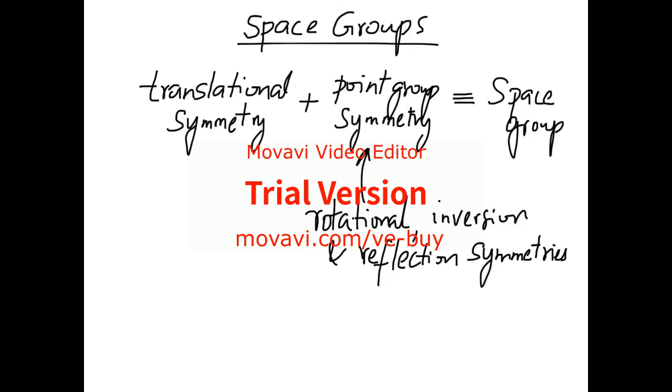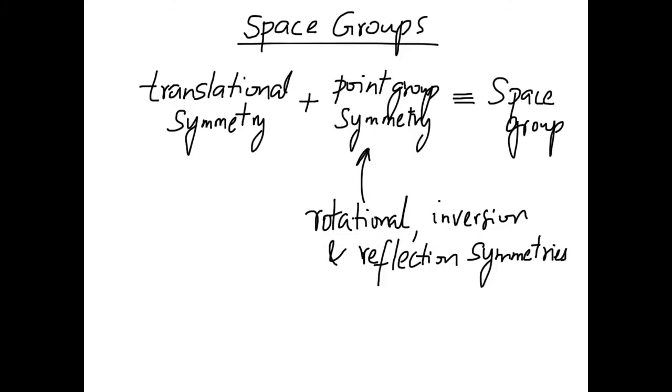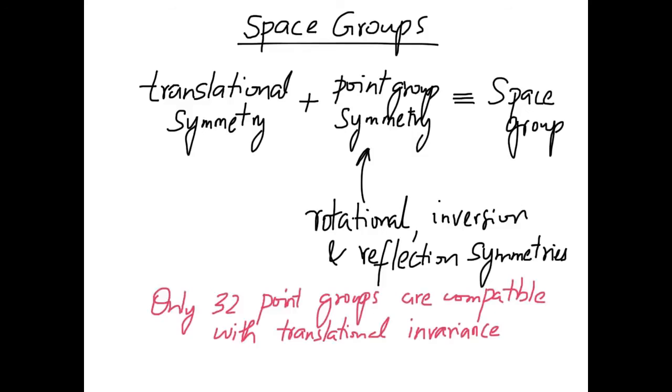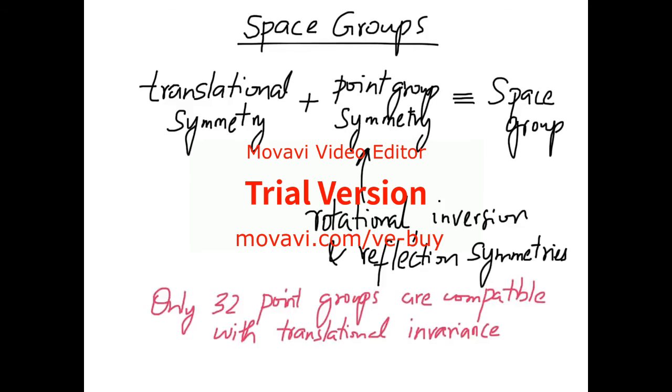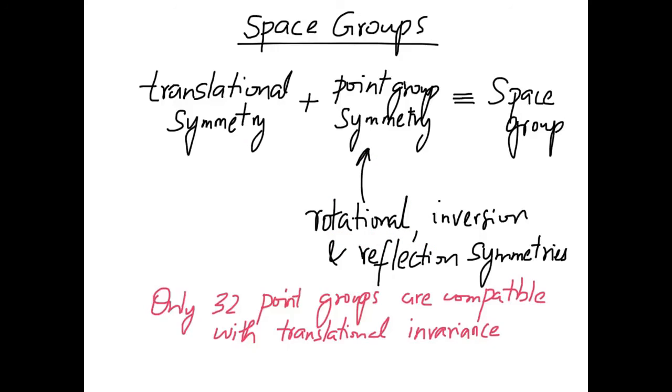However, when you combine that with translational symmetry, there are only 32 point groups that are compatible with translational symmetry. So each of the 32 point groups is associated with a crystal system or crystal class, and the combination of point groups and translational symmetry leads to a total of 230 space groups.